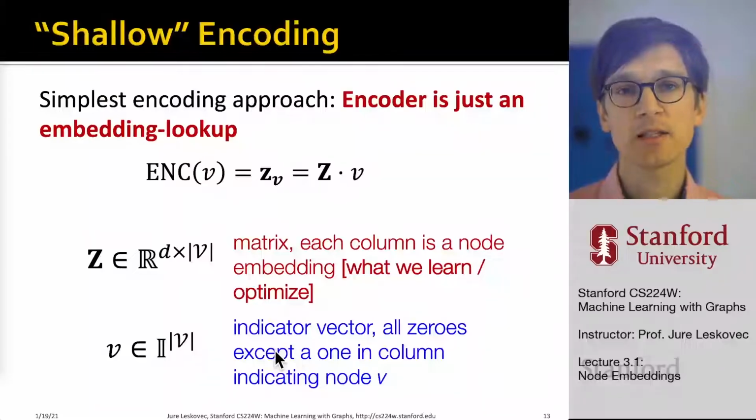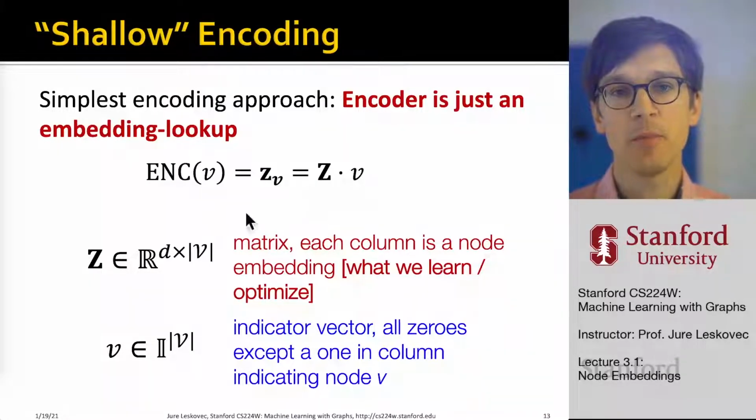So the simplest encoding approach is that an encoder is just an embedding lookup. What do I mean by this? An encoding of a given node is simply a vector of numbers, and this is just a lookup in some big matrix. Our goal will be to learn this matrix Z, whose dimensionality is d, the embedding dimension, times the number of nodes in the network.